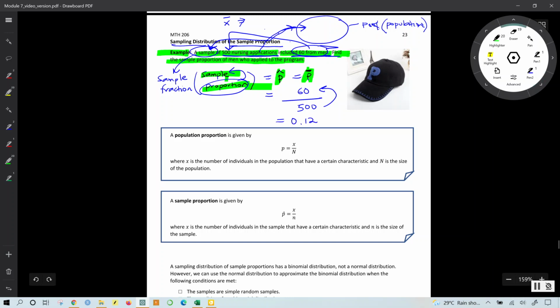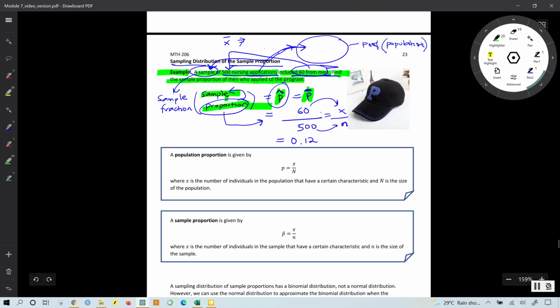So take note, we can derive a formula from here for finding the sample proportion, which again can be represented by p with a hat or p with a bar on top. And that formula is: out of the total sample size n, how many have a particular characteristic or attribute of interest.